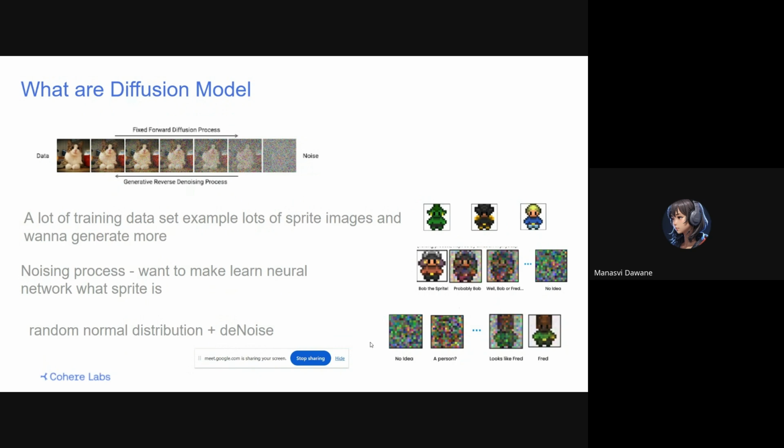Now the last image you can see is the reverse diffusion. This image, which is fully noise, is taken and then denoised. Here you can see a person, then a little bit of noise is removed. We are unclear which person this is, whether it is a Bob or Fred sprite, and then more noise is removed and we get Fred. So this is generally denoising.